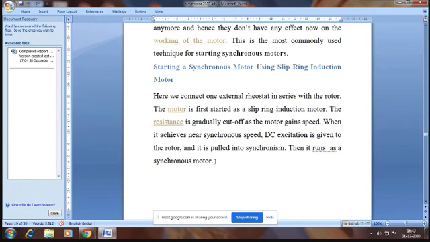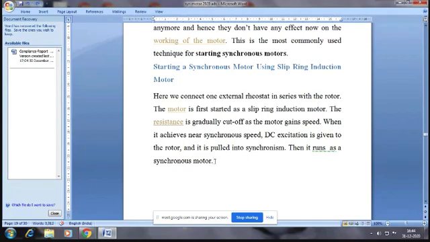Can you tell me where the slip rings are mounted? On the shaft. That means as the shaft rotates, slip rings also rotate at the same speed. Therefore, the relative motion between the slip ring and the shaft is zero.